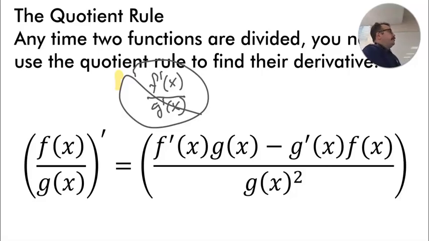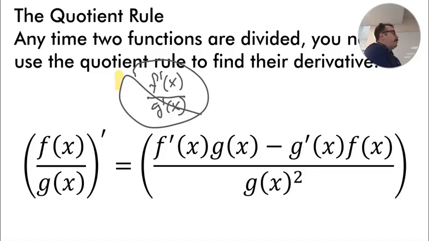There are little songs that go along with this. I can't sing, so I won't terrorize y'all, but I always remember this as the derivative of the function on top multiplied by the bottom, minus the derivative of the bottom times the function on top, divided by the bottom part squared.